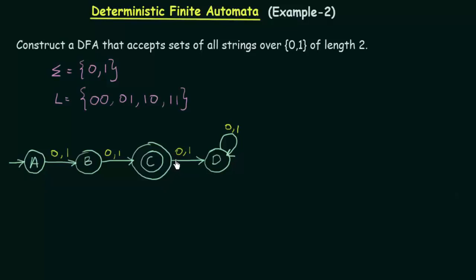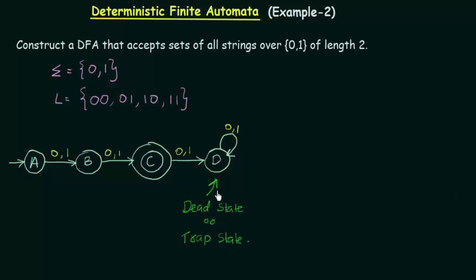It is trapped here, not being able to reach the final state anymore. So any string of length more than 2 goes to state D and will never be accepted. This state D is known as the dead state, or it's also known as the trap state.